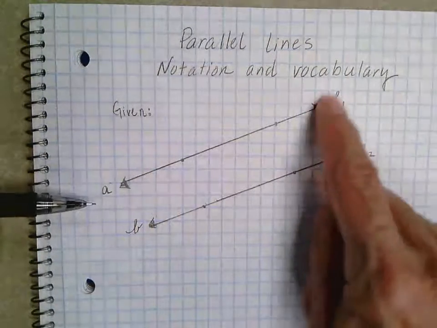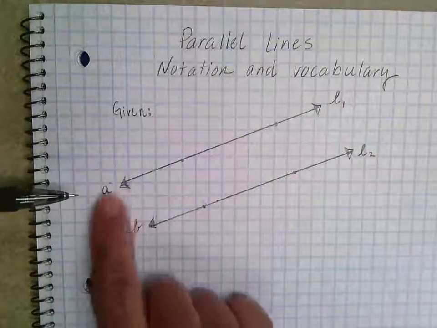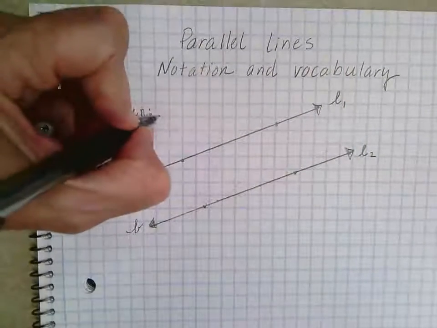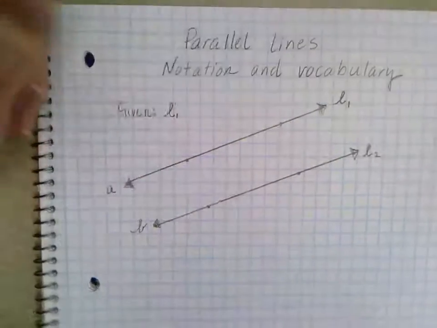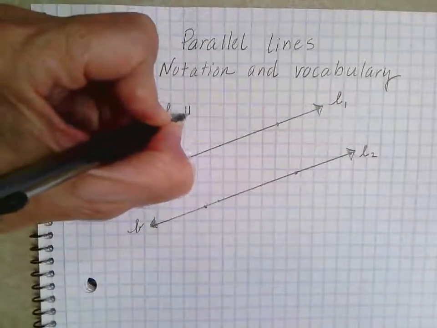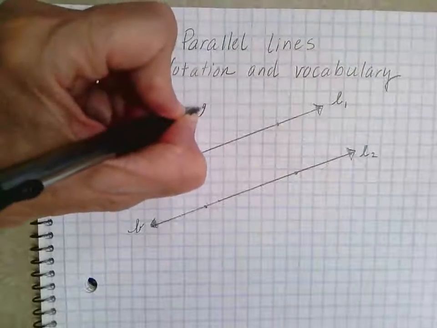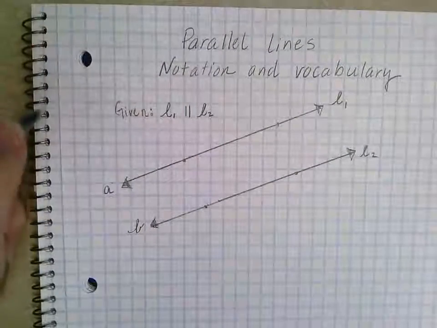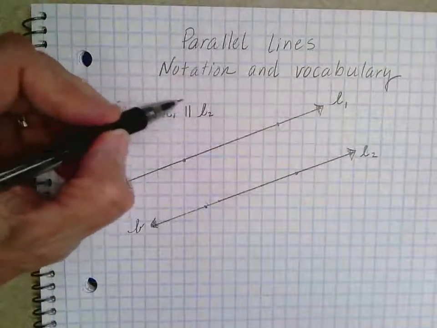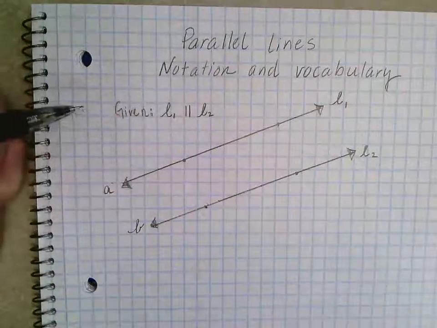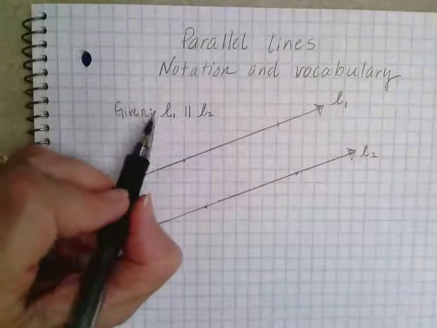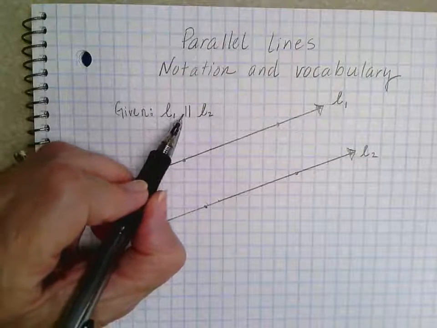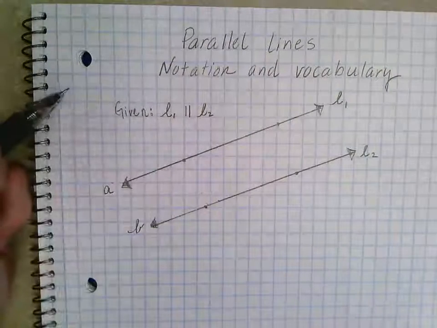They'll use this notation or they'll use this notation, but it will be written as line sub 1 is parallel to line sub 2. So when you see these little pairs of vertical lines, we read that as line 1 is parallel to line 2.